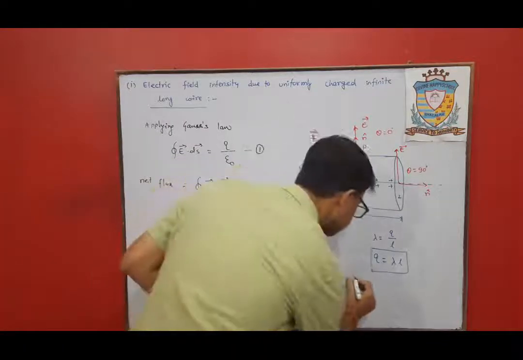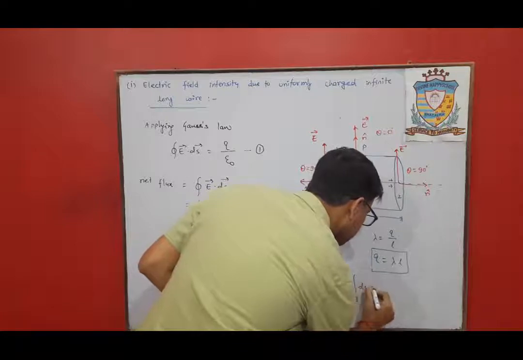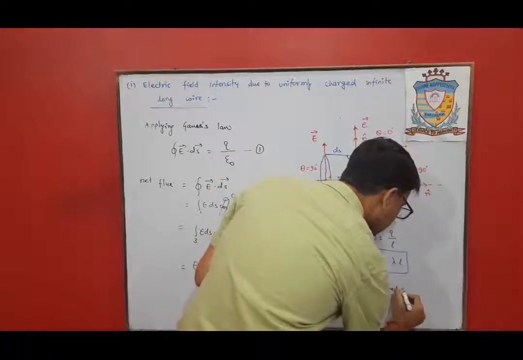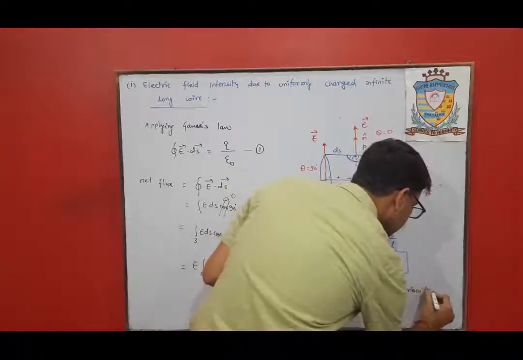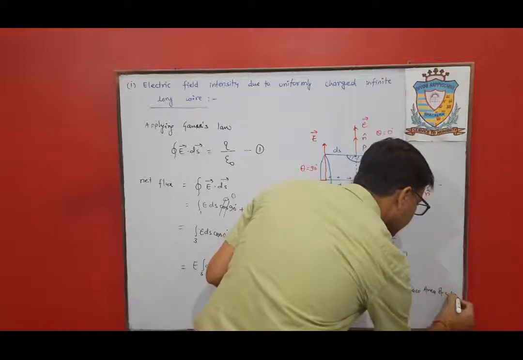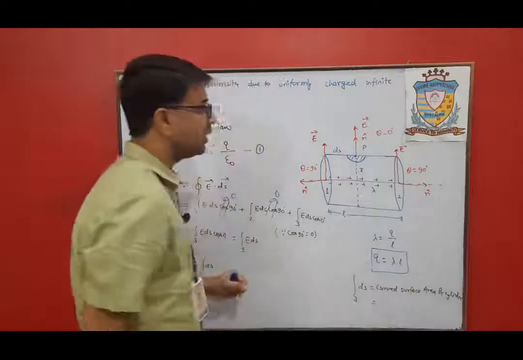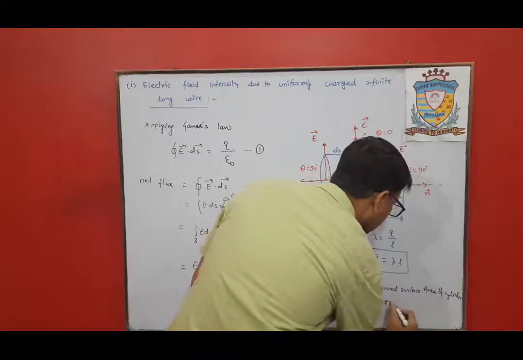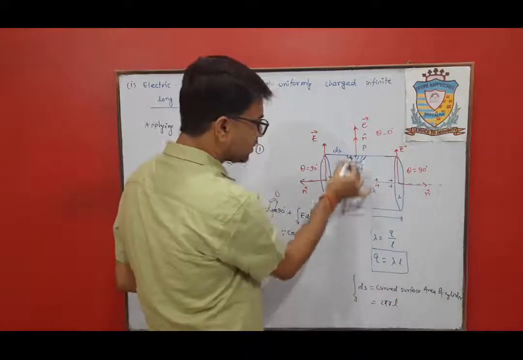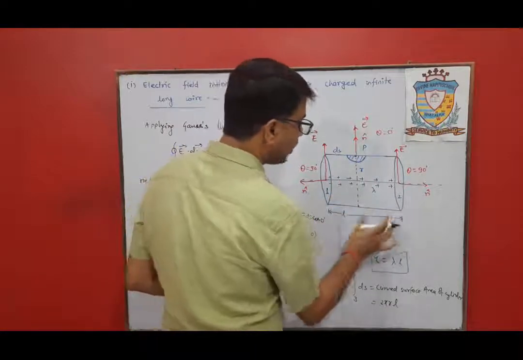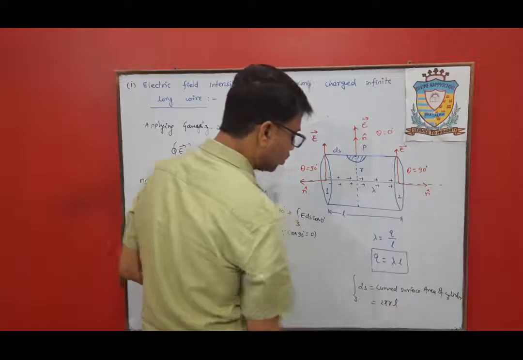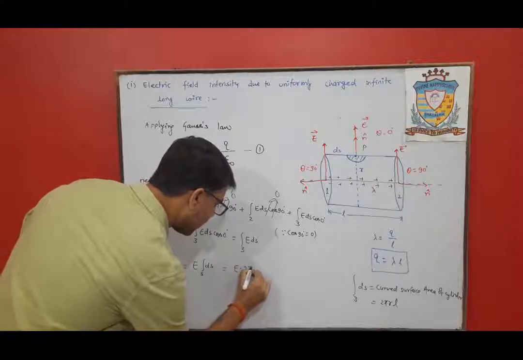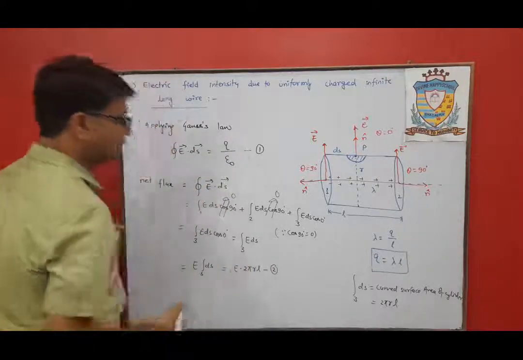For the third surface, ds is the curved surface area of the cylinder, which is 2 pi r into L, because the radius of this curved surface is r and the total length of the cylinder is L. So we get E into 2 pi r into L. This is equation number 2.